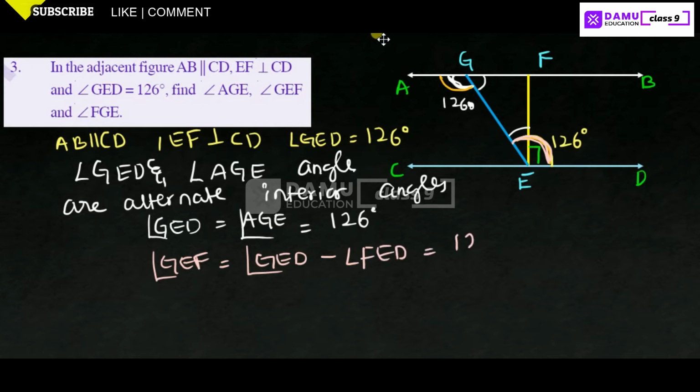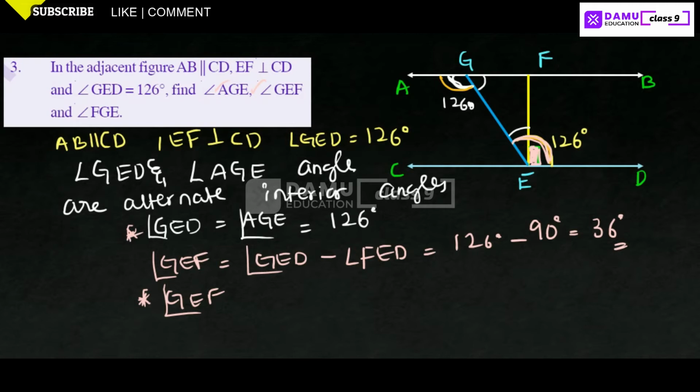So GED is 126 degrees, minus this angle 90 degrees. Then what you will get here is 36 degrees. So 126 minus 90 is 36 degrees. So we have calculated GEF.